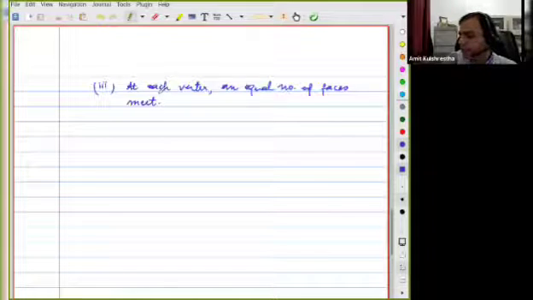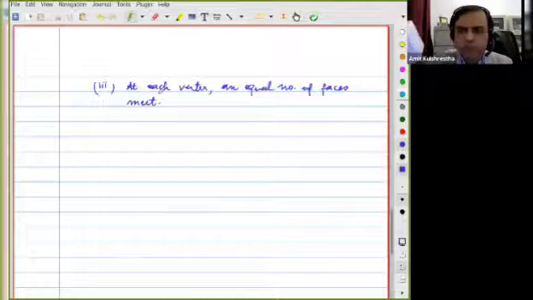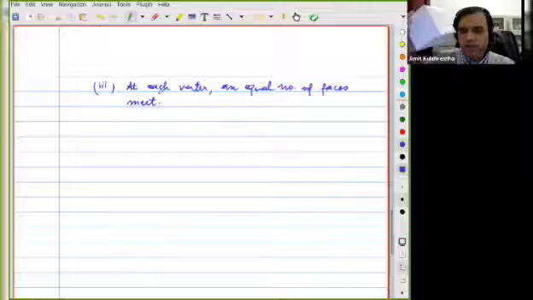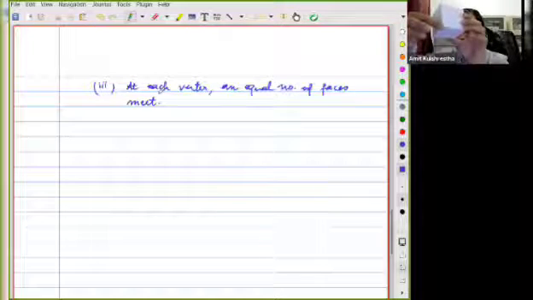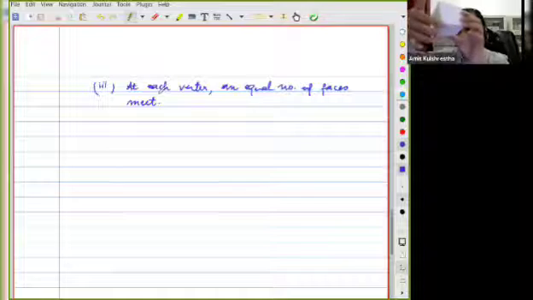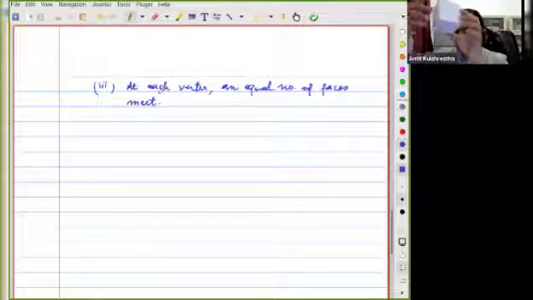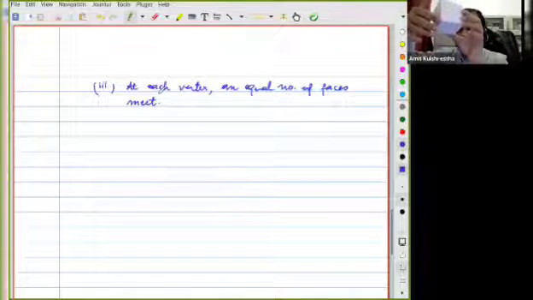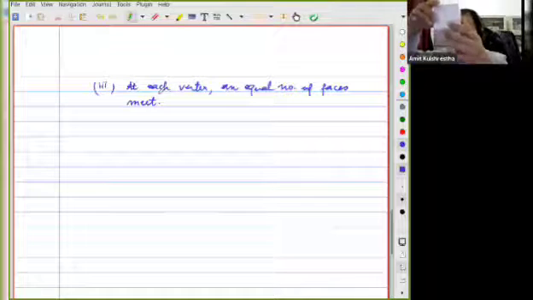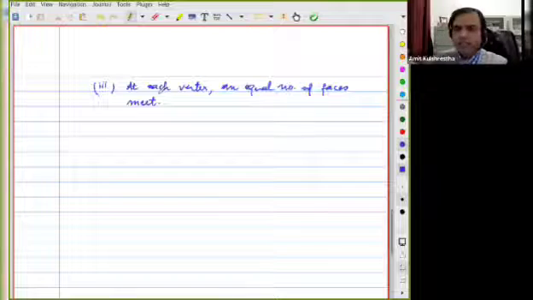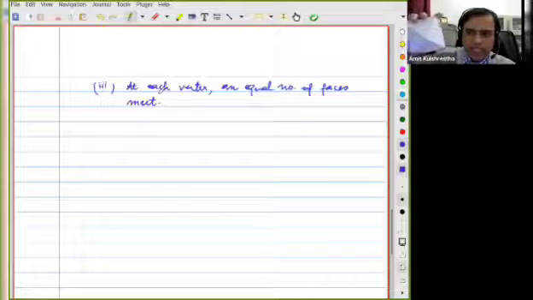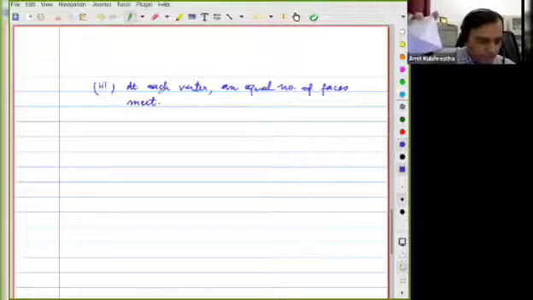For example, say you are taking a cube. In a cube, you take any vertex. At each vertex, there are three faces meeting. These three faces are meeting at this vertex. That is true for all the vertices. And similarly, you take, say, an octahedron. In the case of an octahedron, at each vertex, how many faces are meeting?